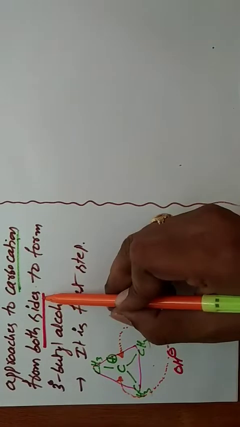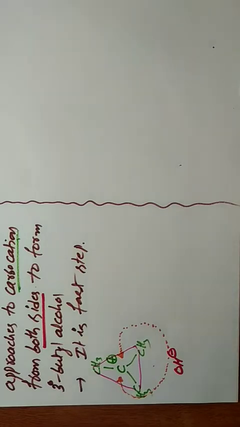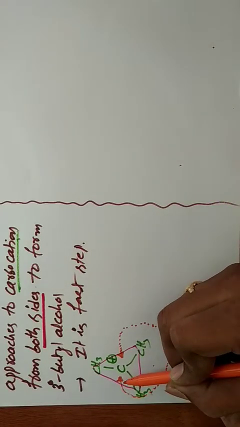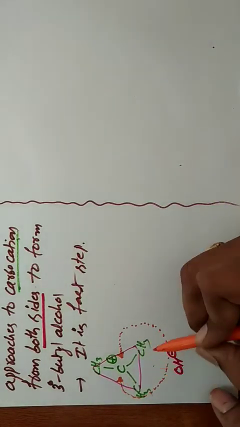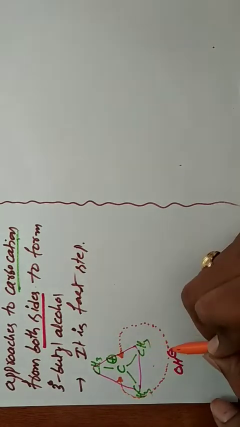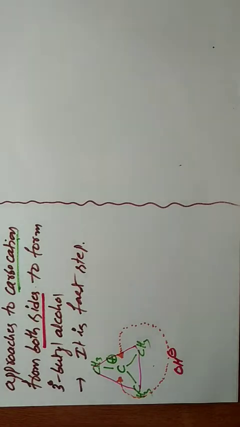That is the meaning of both sides. How is it possible? That means the structure of the carbocation is planar. That's why this structure is available to attack from both sides. OH minus ion attack from the left side is possible, and right side attack is also possible.